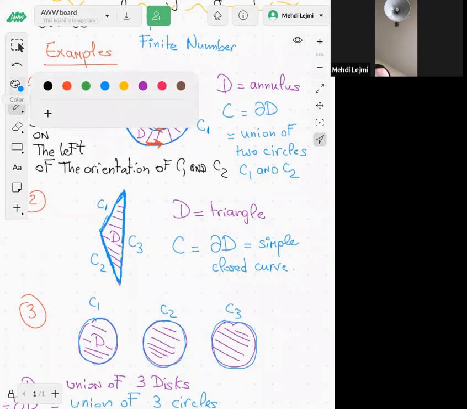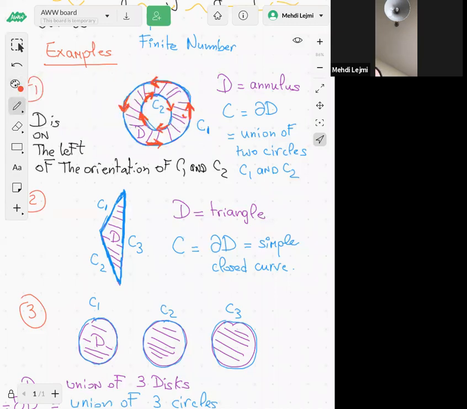So for C1, the right orientation would be this one here, so the region D is on your left. The same here: you need D to be on the left, and here D would be on my left.